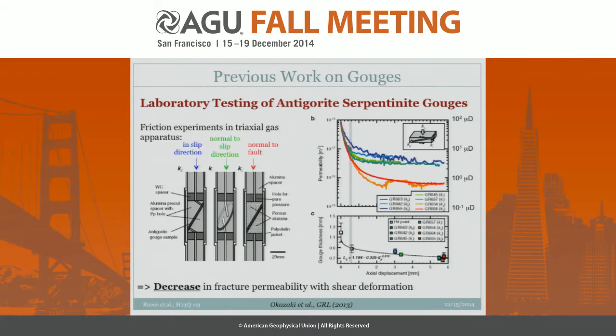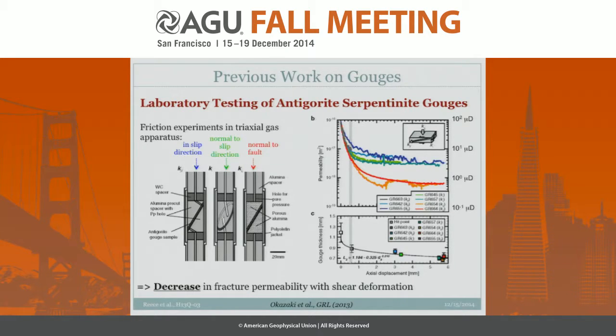Now, a different example is shown here, which is not on an intact rock, but on a gouge. So these authors, Okazaki et al., published in 2013 some work on antigorite serpentinite gouges. And they performed friction experiments and permeability experiments in a triaxial gas apparatus in 3 different directions.